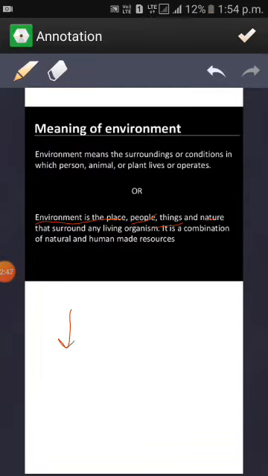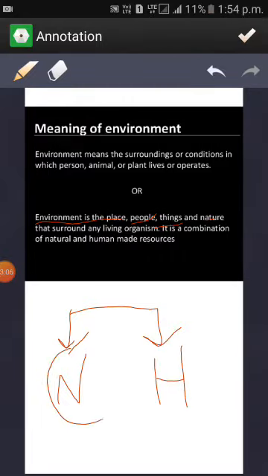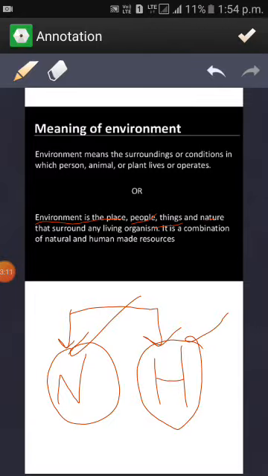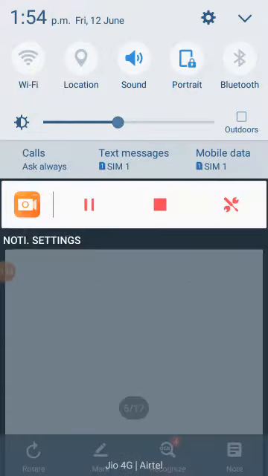In short, we have known that environment includes either the natural things or the human made things. Either there are things which are naturally created, or we see things that are human made.